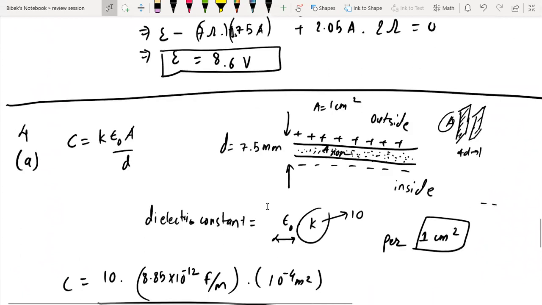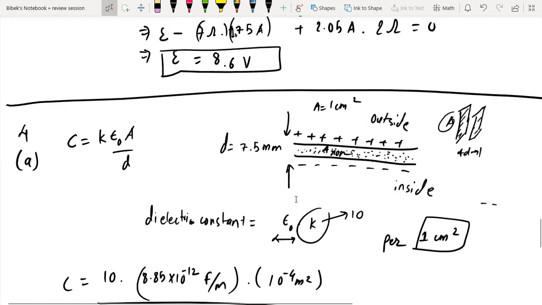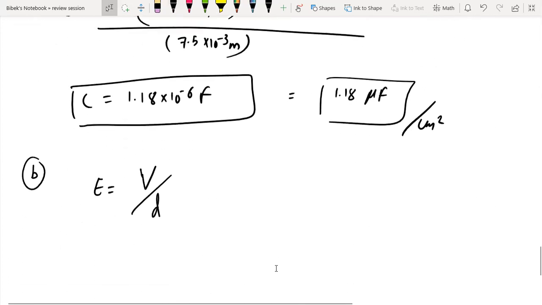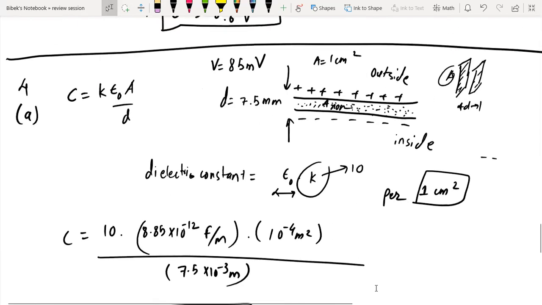If you read the problem, the potential difference is given to be 85 millivolts, so 85 times 10 to the negative 3 volts divided by the distance, which is 7.5 times 10 to the negative, oh, I took it to be 3. It's nanometer, not a millimeter, sorry.